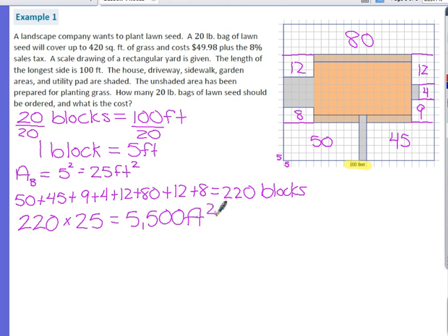Okay. Now, if I go back and look at the problem, they told us that one 20-pound bag will cover 420 square feet of grass.